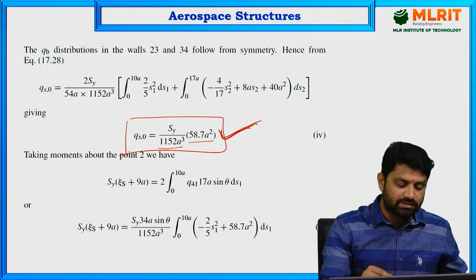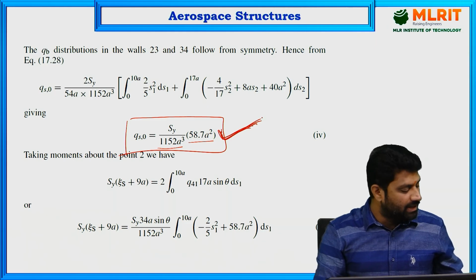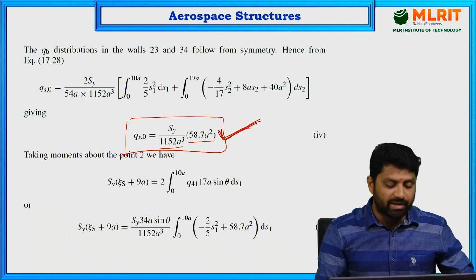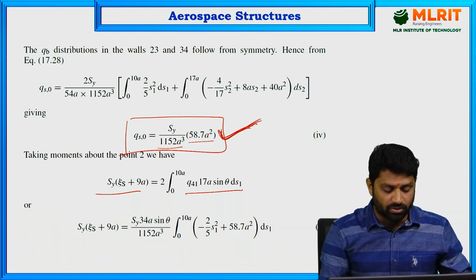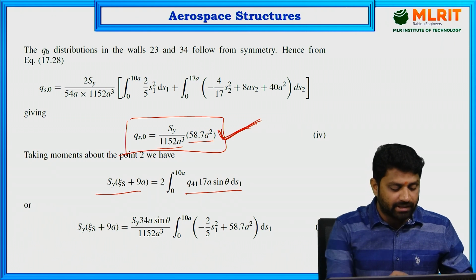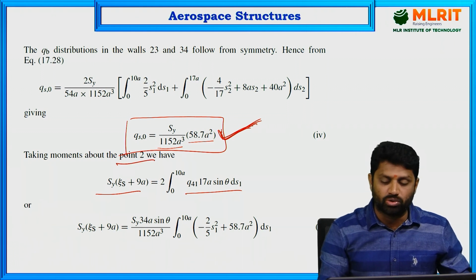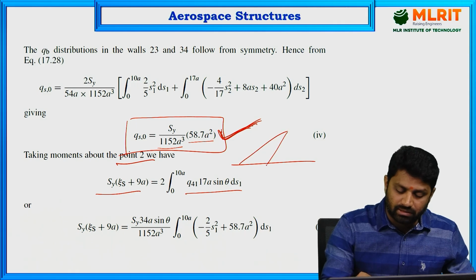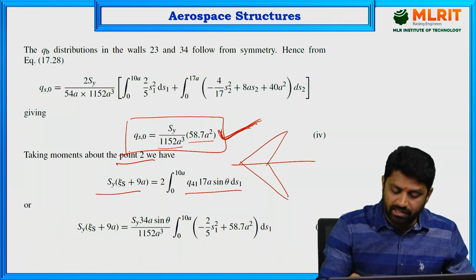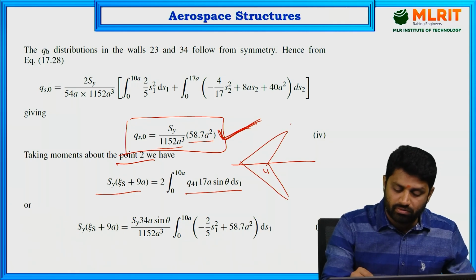So once you have Qs0, you can apply the moment about any particular point, and equate the moment due to the external load to the moment due to the shear flow. We are considering moment about point 2. It is very important to understand the diagram. We have a diagram like this, this is 4, 1, 2 and this is 3.